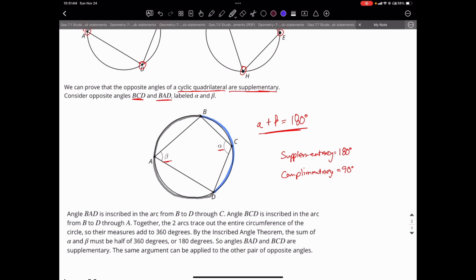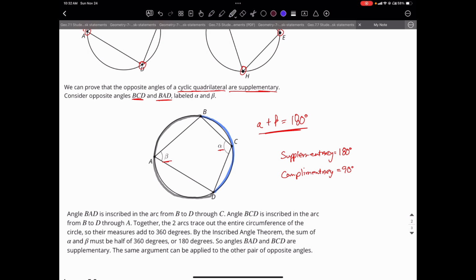Together, the two arcs trace out the entire circumference of the circle, so their measures add up to 360 degrees. By the inscribed angle theorem, the sum of alpha and beta must be half of 360 degrees, or 180 degrees. So angles BAD and BCD are supplementary.